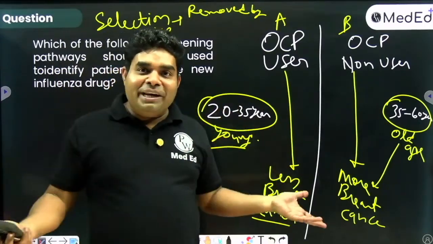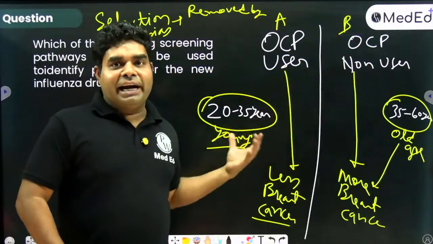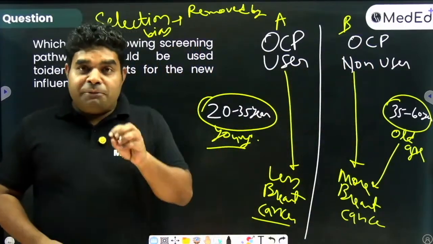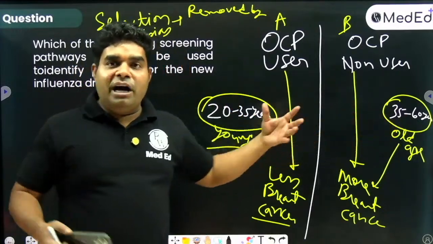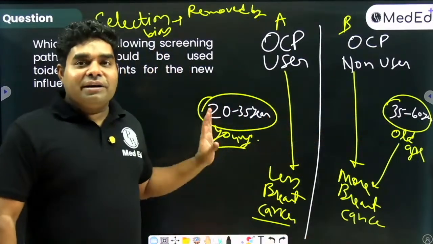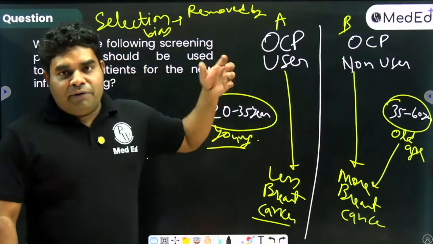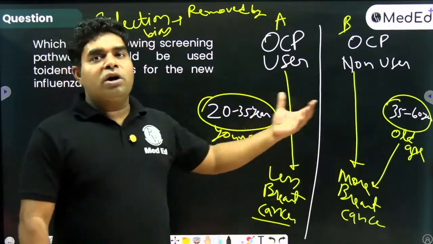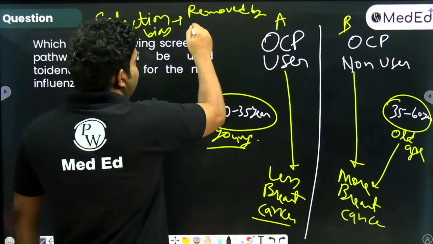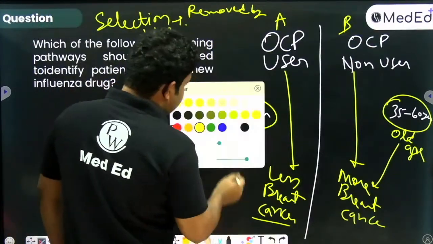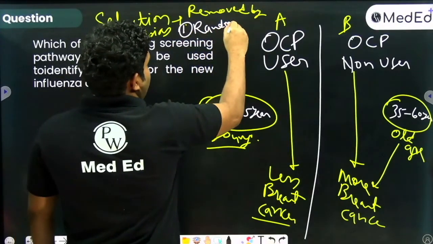And if they are randomly going, then young people and old people will get mixed. अब क्या होगा, जब चिट चूज करके जाएंगे तो ऐसा नहीं होगा कि जवान एक में चले गए, बूढ़े दूसरे में. जवान बूढ़े मिक्स हो जाएंगे और इस उम्र का जो अंतर था, सिलेक्शन में जो गलती थी, वो गायब हो जाएगी. If we ask them to choose randomly, young and old will get mixed and selection bias will go away. So the first method of removing selection bias is randomization.